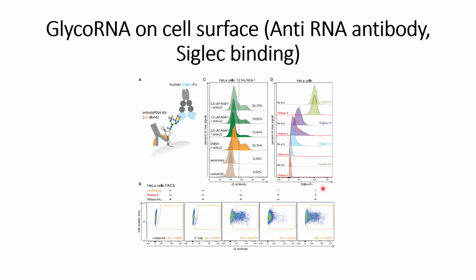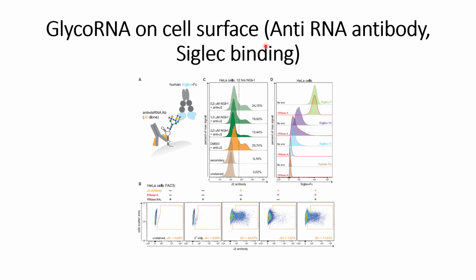And when they add all the things, that is RNase inhibitor, RNase and J2 antibody, the signal is quite similar, the third and fifth are quite similar. So panel B shows that GlycoRNA are present on the cell surface, as there is an increase in the J2 antibody signal.